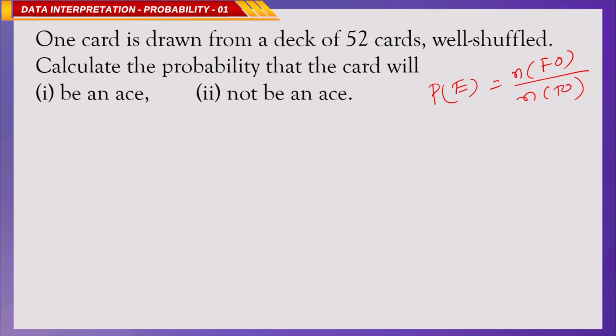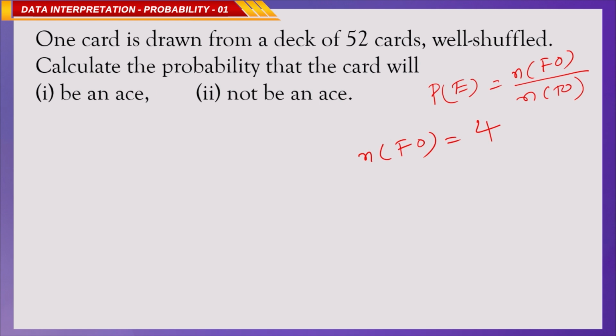One card is drawn from a deck of 52 cards, well shuffled. Calculate the probability that the card will be an ace. Correct? So, there are 4 aces. The number of favorable outcomes for the ace is 4.